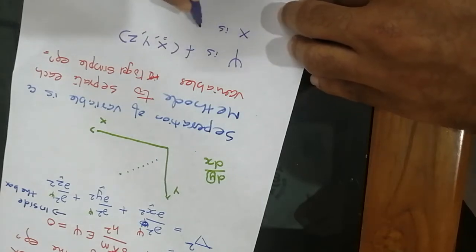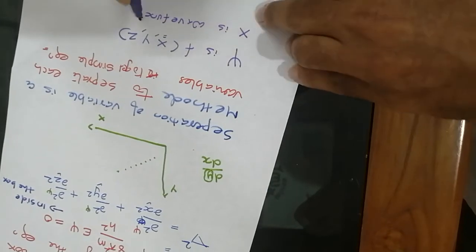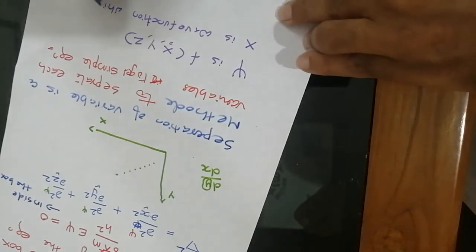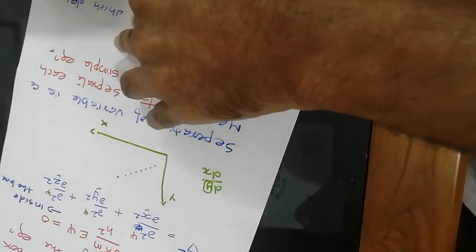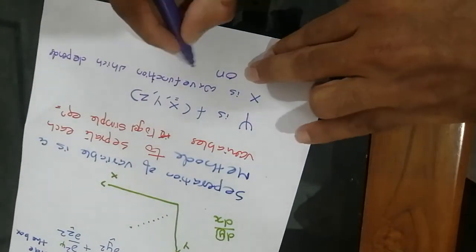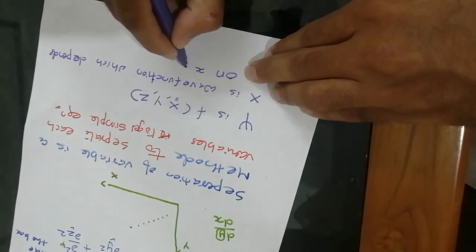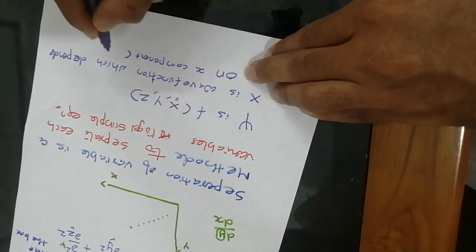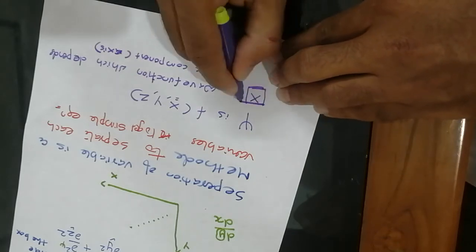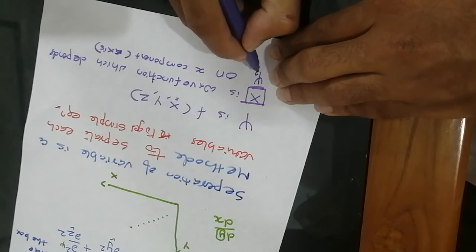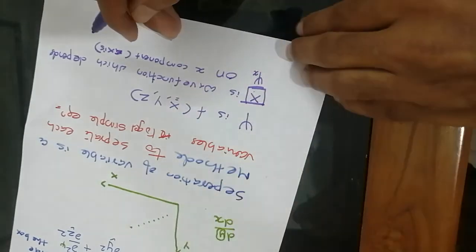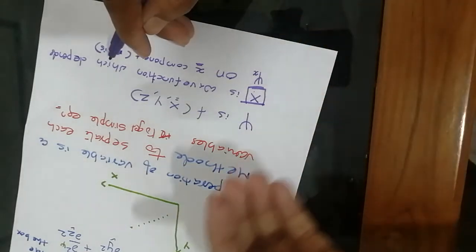X is a wave function which depends on the x axis, the x component. This capital X is a wave function, psi x, that varies with the x component only. It varies with the x axis only.